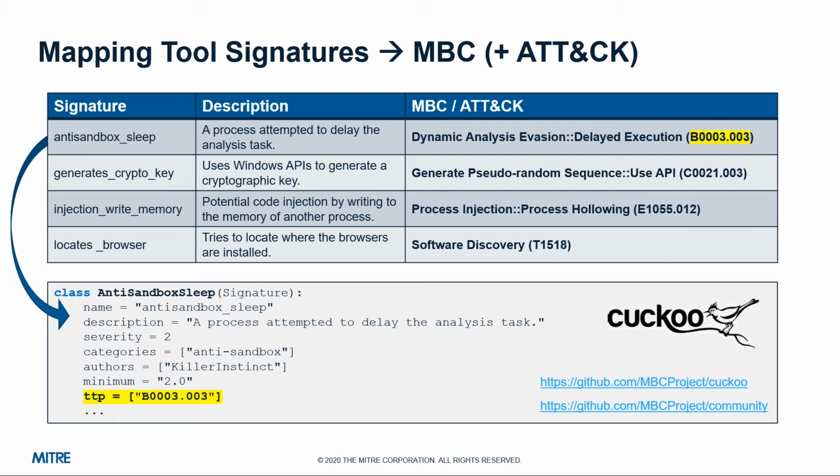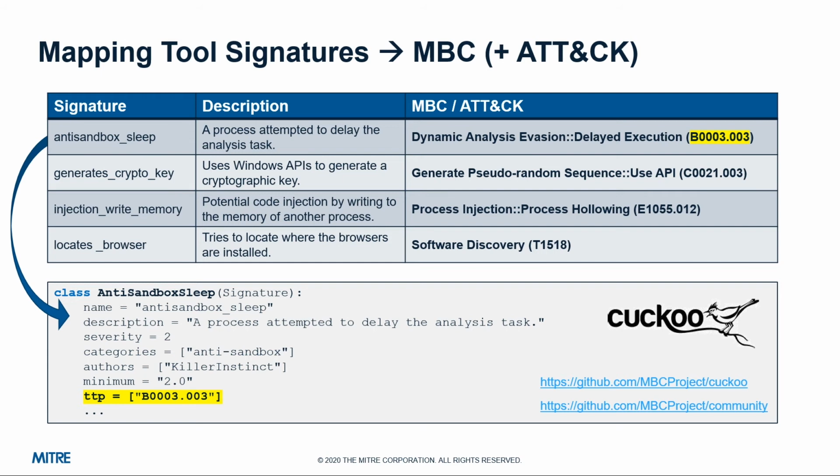Some signatures map to MBC behaviors, which have identifiers starting with a B, that's in the first line of the table. And then some map to micro behaviors. Their identifiers start with a C. Actually, it was by working through the Cuckoo signatures that we decided to define micro behaviors in the first place, because there were a lot of low-level things that weren't mapping, and that's where the idea came from.